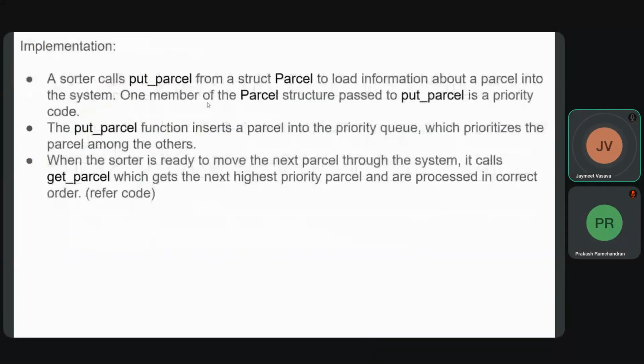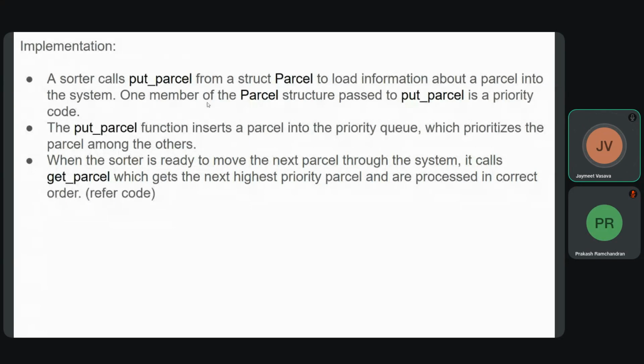Therefore we can avoid the overhead of keeping the parcels completely sorted. For the implementation of parcel sorting, we'll be using two functions, put parcel and get parcel. Put parcel takes a parcel structure to load the information about a parcel into the system, and one member of the parcel structure passed to the put parcel function is a priority code.